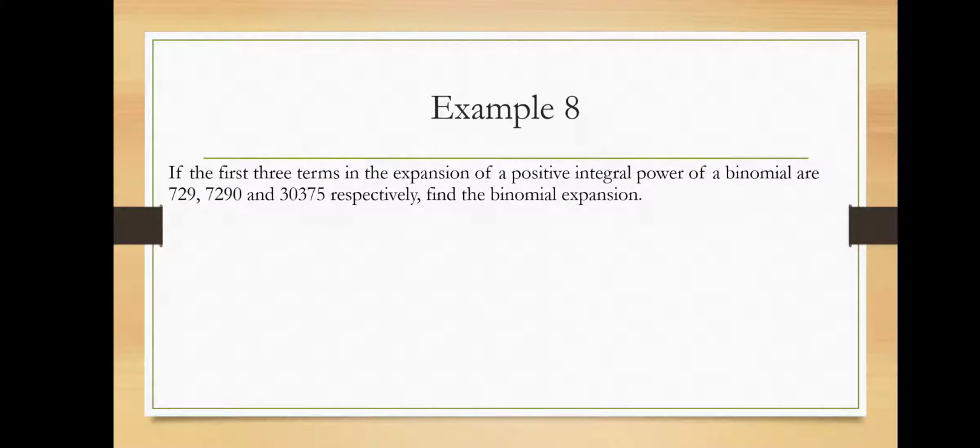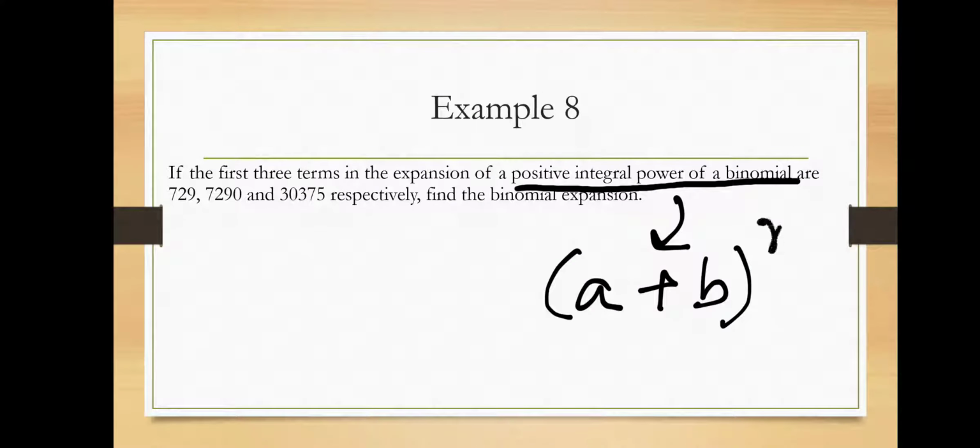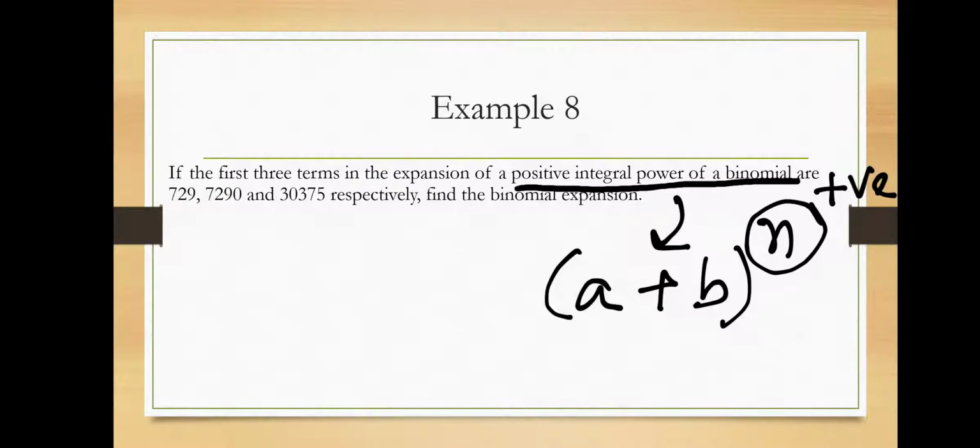Now that means I can consider the binomial to be (a plus b) whole to the power n, where this n is positive. Obviously we are dealing with positive integral powers, not any other kind of power.